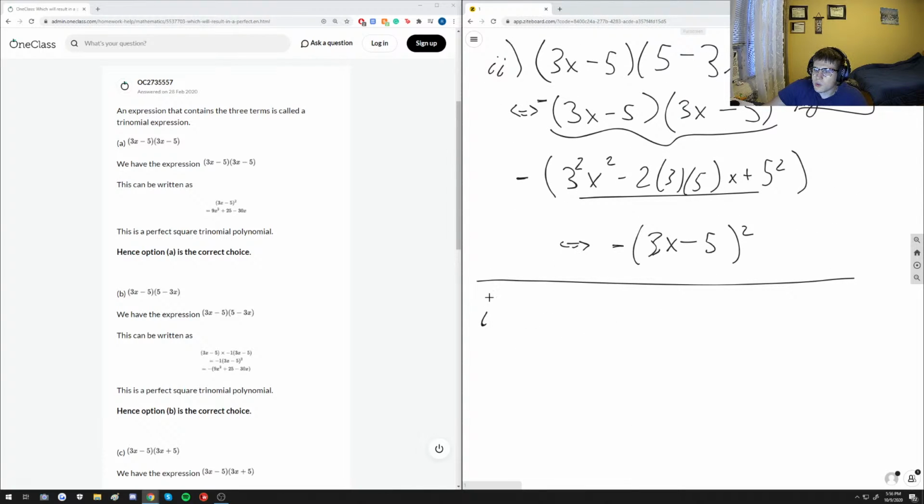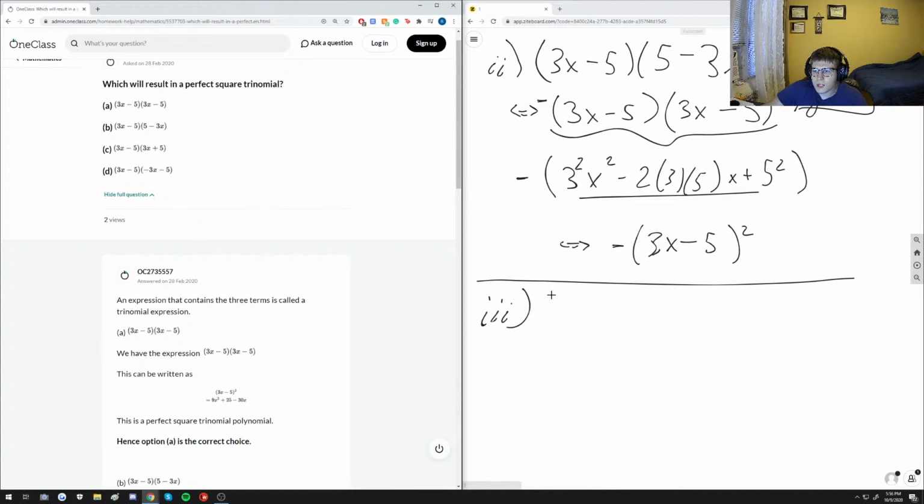Moving on to the third option, we have 3x minus 5 times 3x plus 5. Right off the bat, this is a case called the product. Let me first do this product and then I'll explain.